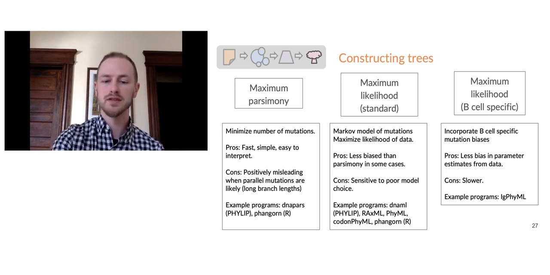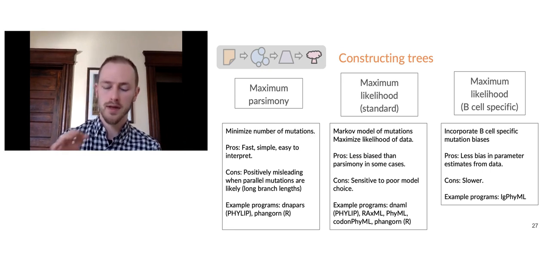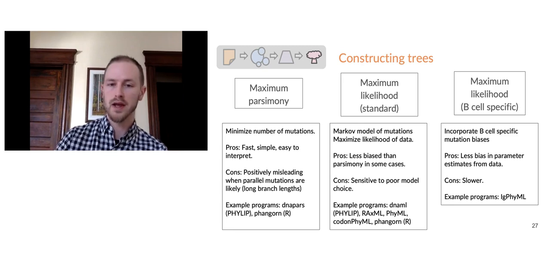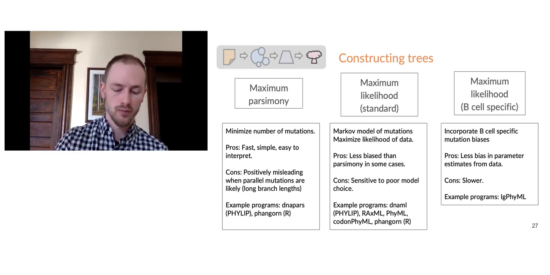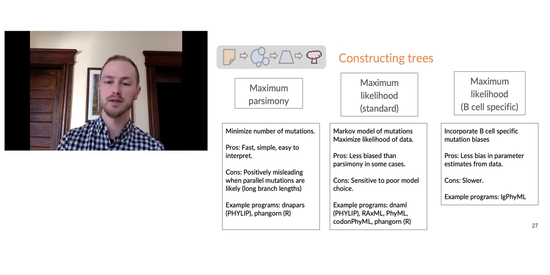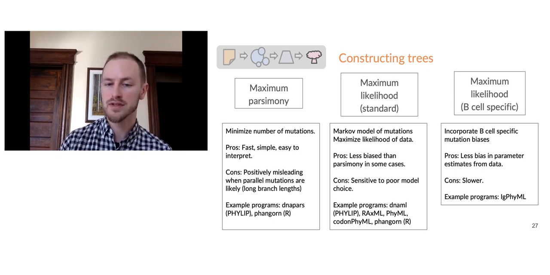Another option is maximum likelihood, which I'm going to call standard maximum likelihood. The way these work is by defining a Markov model of mutation rates. And we find the parameters, tree topology, and branch lengths that maximize the likelihood of observing our data. The benefit of this is that it can be less biased than parsimony in some cases.